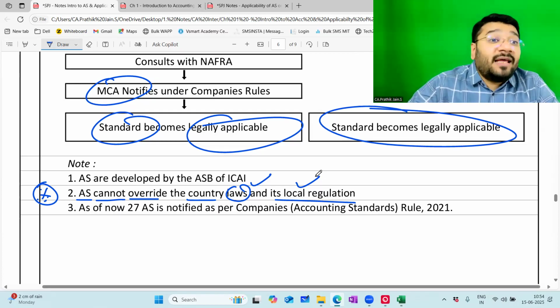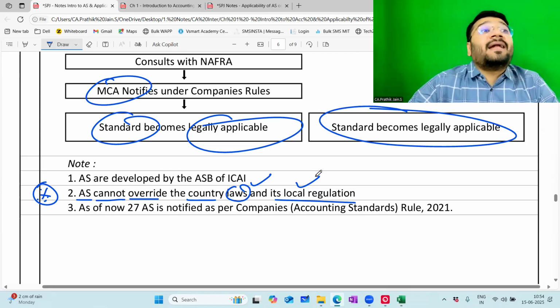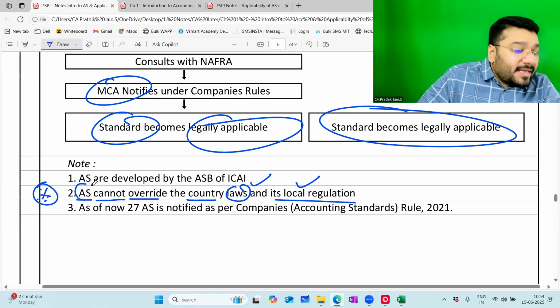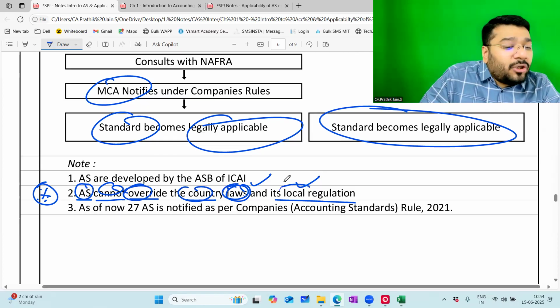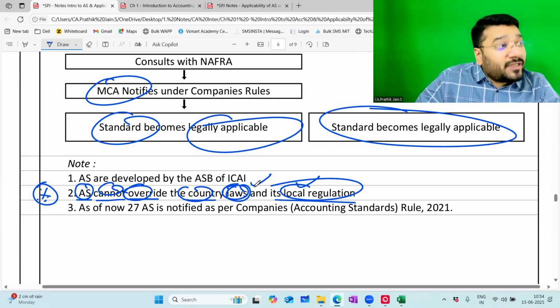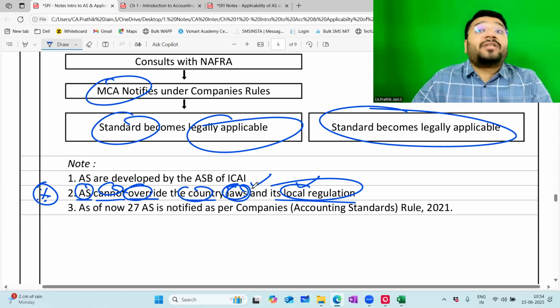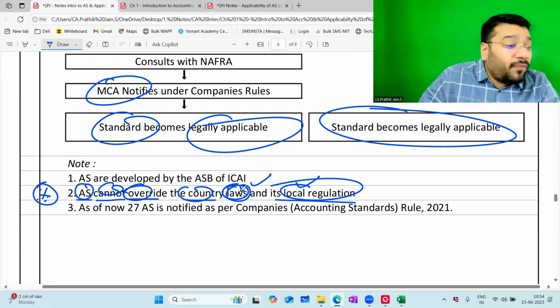First, their regulatory authority, which is IRDA and RBI, under the Banking Regulation Act. So you will follow that first, and accounting standards will be followed secondary only. So AS cannot override any country's law and local regulations. As a bank, you first follow the RBI norms wherever required. Then wherever RBI is not stopping, if you want to present or disclose something extra, you can follow AS; nobody will stop you.